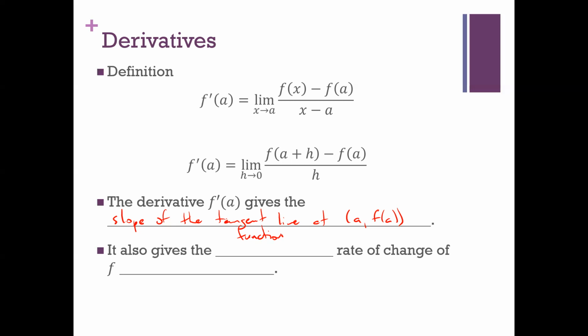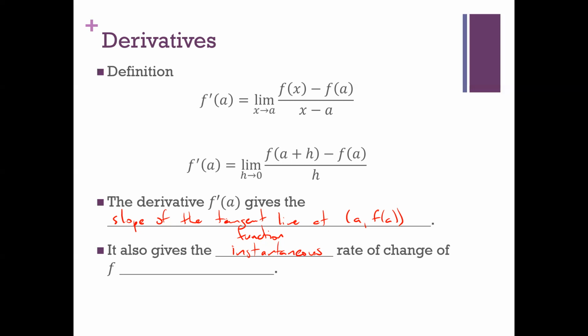So let's talk about this next bullet here. It also gives the instantaneous rate of change. The derivative is a very fundamental thing in calculus and it has a lot of different applications. When I talk about the slope of a tangent line, that's inherently a graphical, geometric thing.